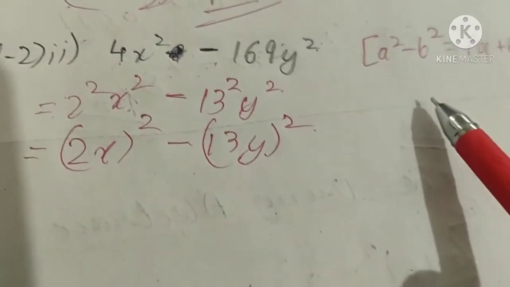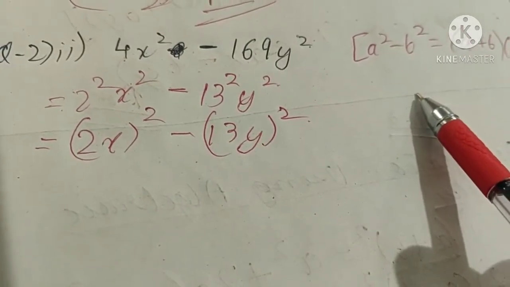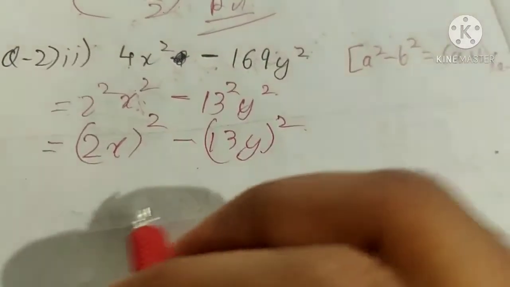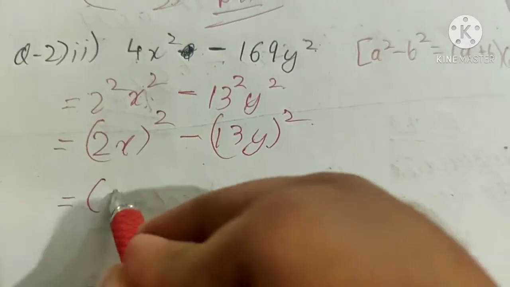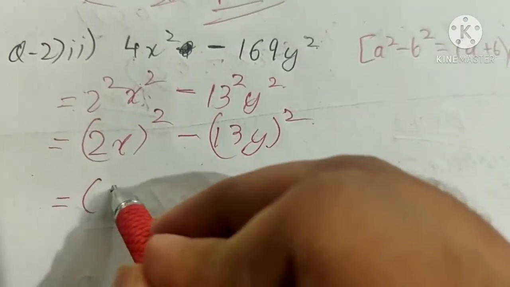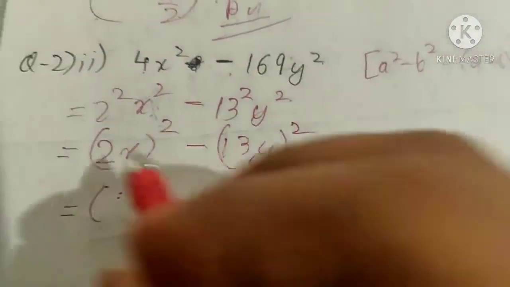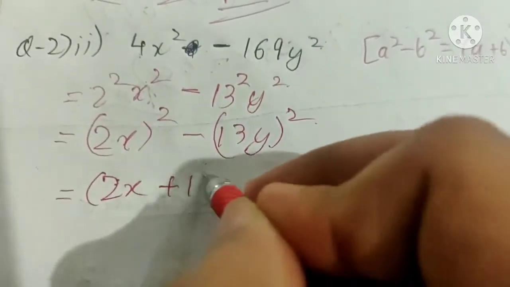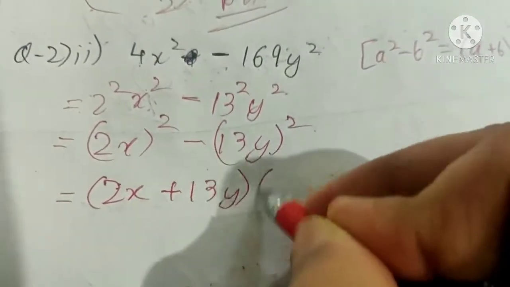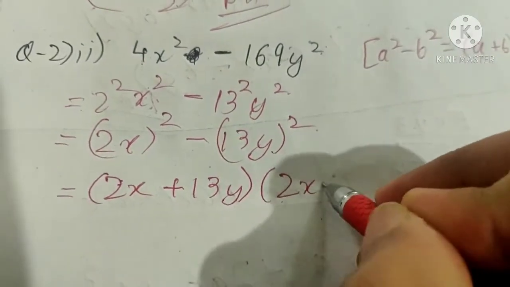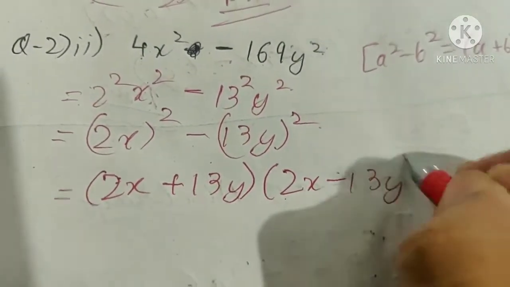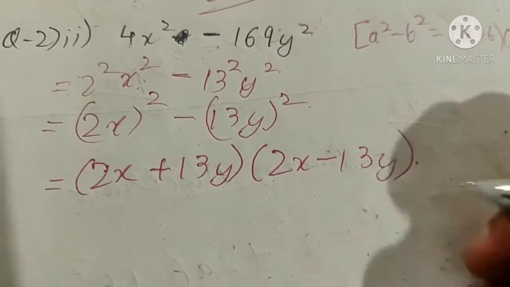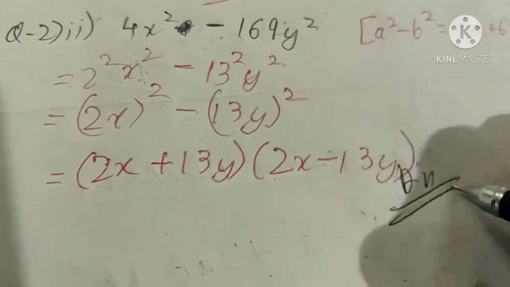So here the a square minus b square identity can be applied. So moving forward, you will write this as a plus b. a here is 2x, plus b is 13y, and a minus b. So this is our answer.